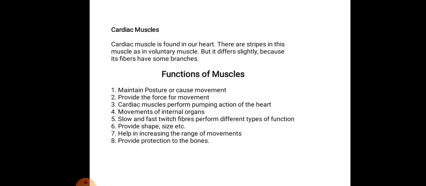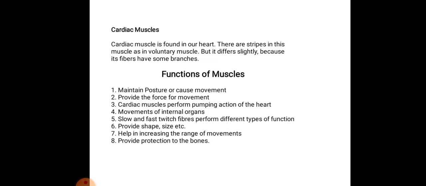This fiber produces explosive power and performs fast repetitive contraction. These fibers are usually at work in the 100-meter race or sprint race, high jump, weightlifting, basketball, football, etc. This fiber plays a vital role while performing anaerobic activity.